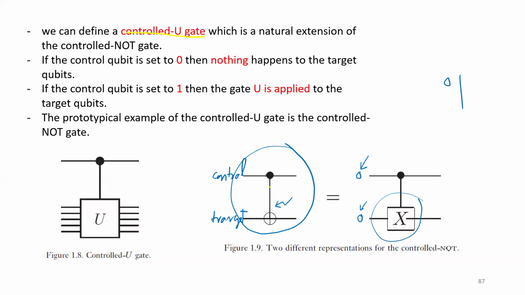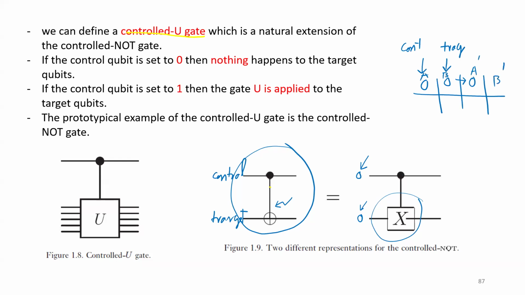So 0 is going to end up with 0. But if you have here, so this is your control and this is your target, basically. And what you are going to get, so this is like my A, B, and this is the outcome, A prime, B prime.